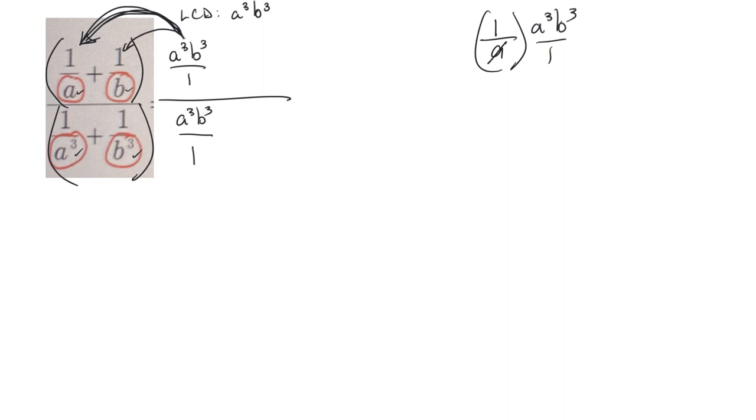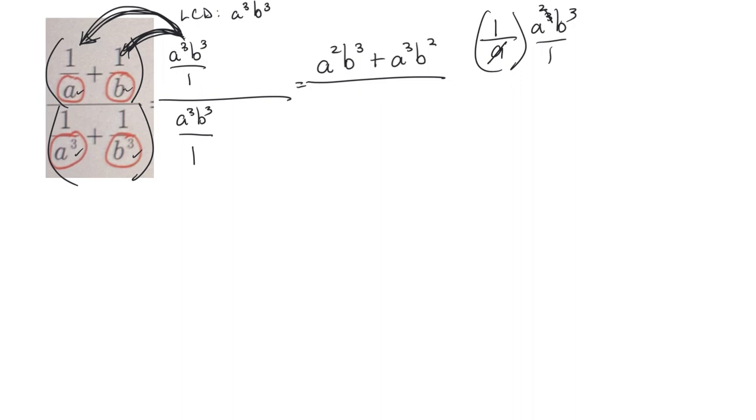One of the A's will cancel with one of these, so I'll be left with A squared B cubed. And then when I multiply by this one, the B will cancel one of those B's, so it'll be plus A cubed B squared.